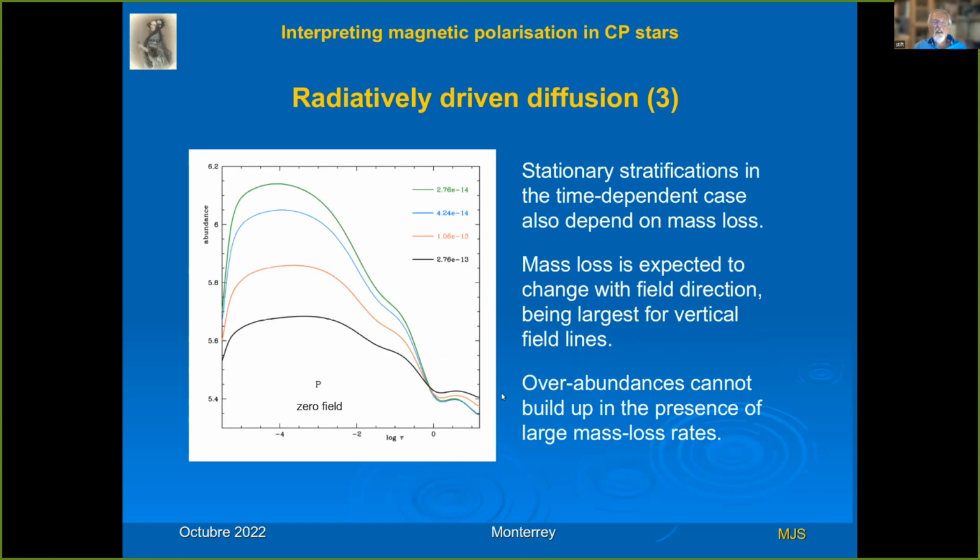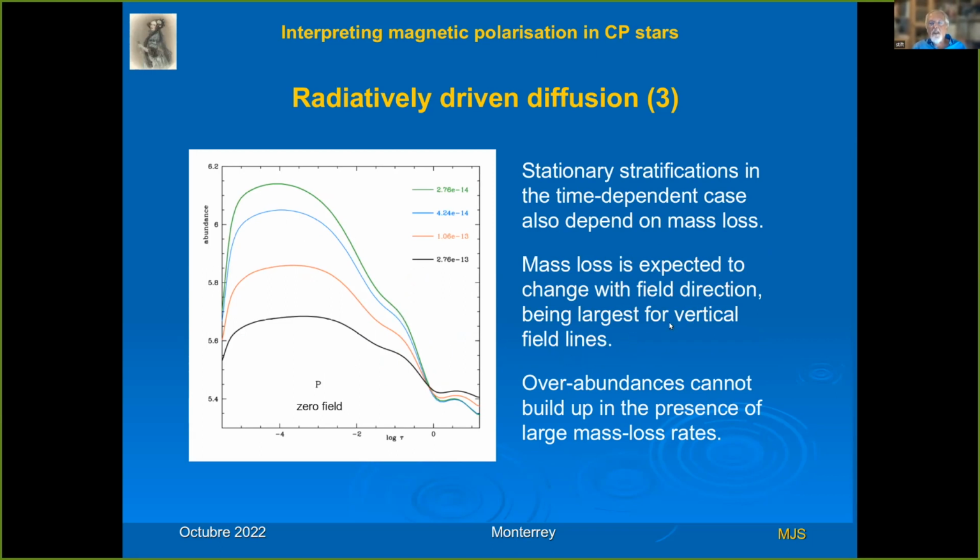There's another effect that plays a role, that's mass loss. We don't know exactly how to model the mass loss and how to estimate the mass loss in CP stars. It's very low, but even a very low rate of mass loss can modify the stratifications to a very large degree.